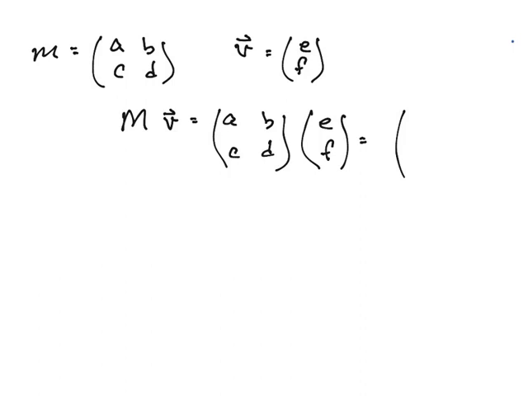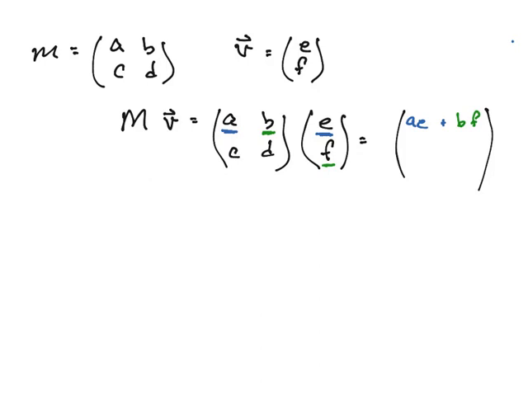You take A, the first element of your matrix, times the first element in your vector, A times E, and then you add to it the next element of your matrix times the next element of your vector, B times F. And there we go. We've gone all the way across the row of the matrix, and we've gone all the way down the column of the vector. And that gives us the very first element of our new answer vector.